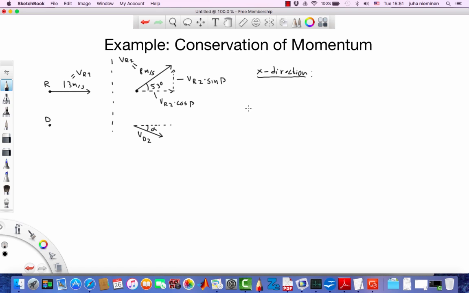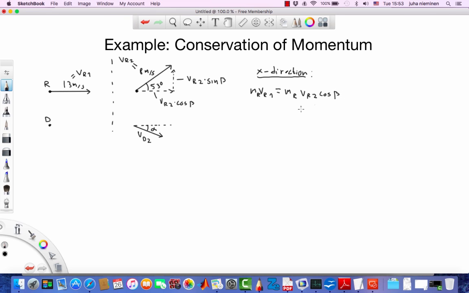conservation of momentum is as follows. Before the collision, we only have Rebecca's momentum to the right, mR times VR1. And after the collision, Rebecca has momentum mR times VR2 cosine beta.